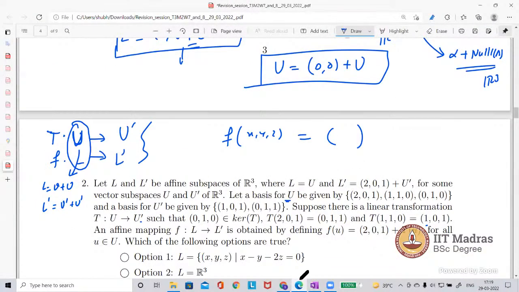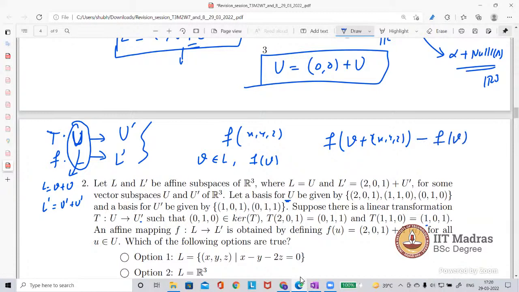Take an image from L, a particular vector, let's say v. So the image will be f(b). If you want to check whether f is a linear transformation or not, check like this: f(v + (x, y, z)) minus f(v).